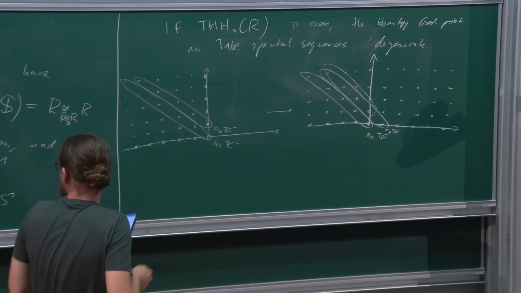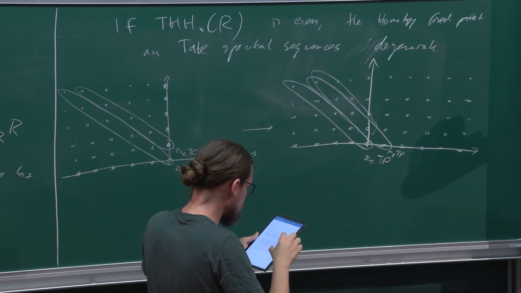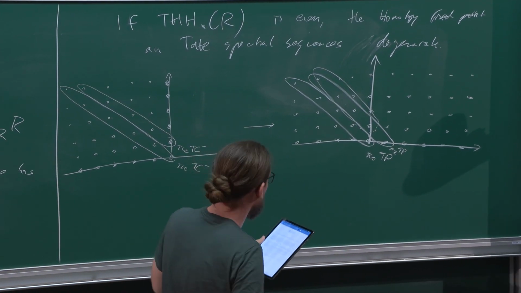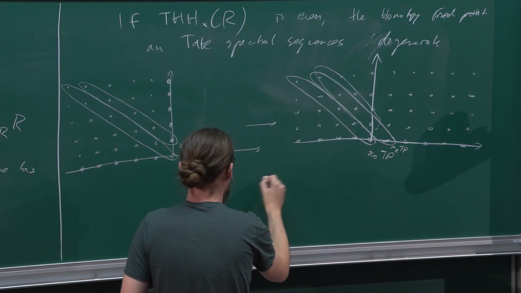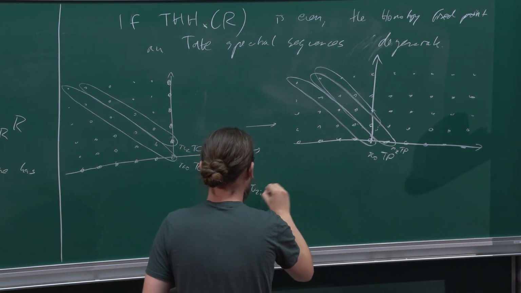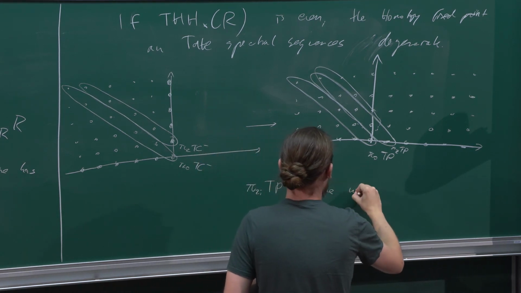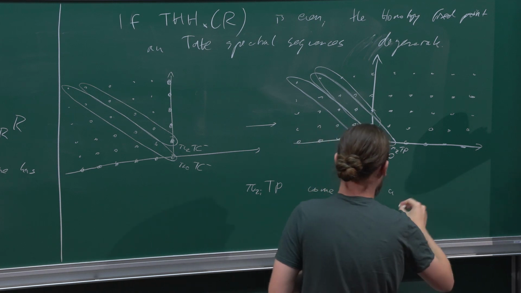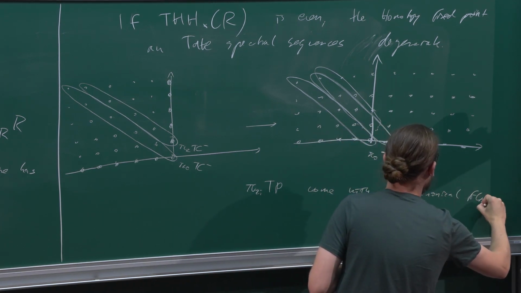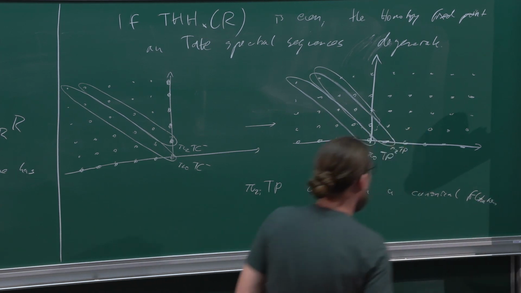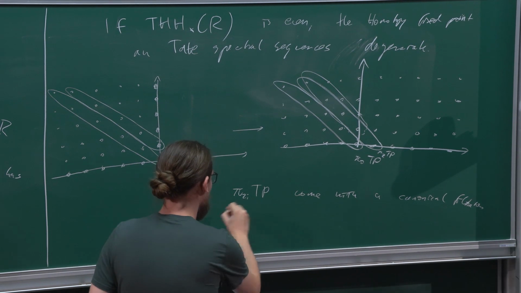And so one sees in particular that these homotopy groups of TP, pi 2i of TP, come with a canonical filtration. And that's the filtration that's called Nygaard filtration on the side of prismatic cohomology.